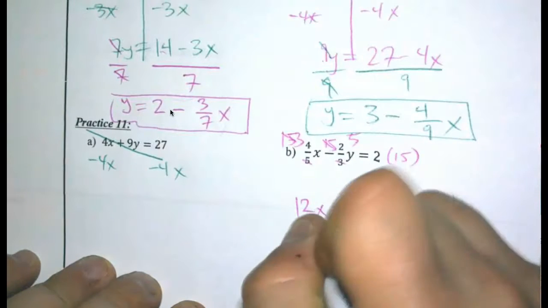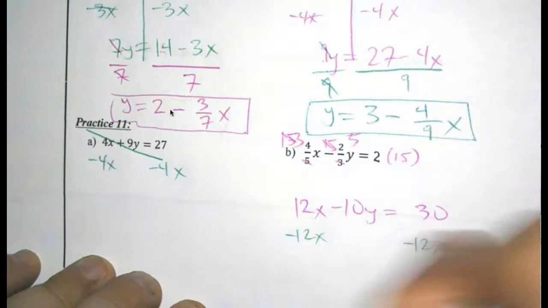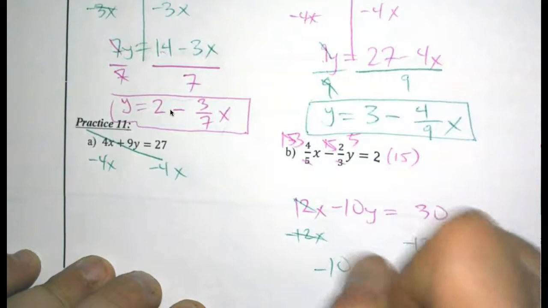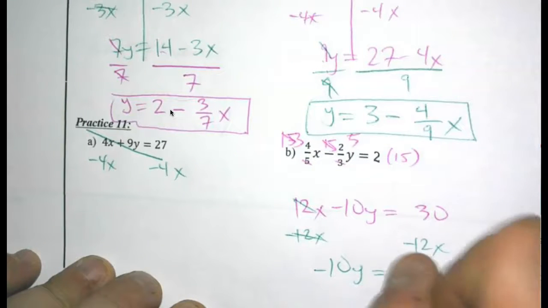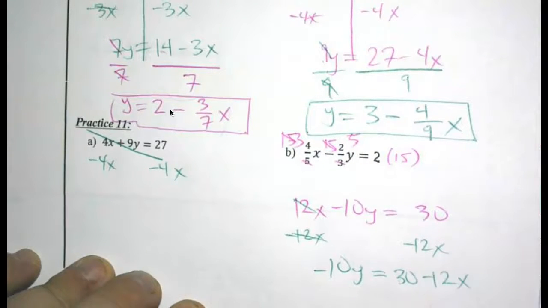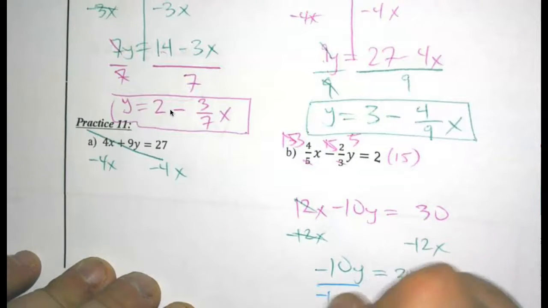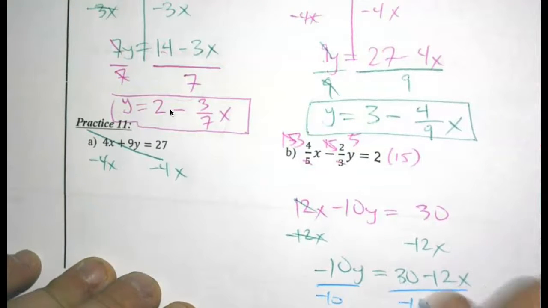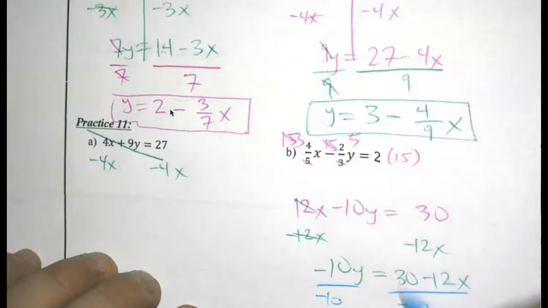Now it looks kind of like the original, or the first view I did. I'm going to subtract 12x, right? Get the 12x away from the y term. 30 minus 12x. Now I'm going to divide both sides by negative 10, and 30 I can divide by 10, but 12/10 I can reduce.